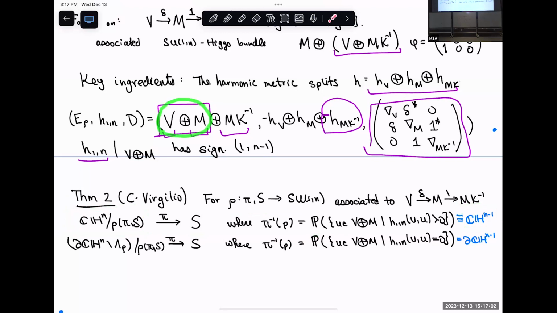It's the projectivization of the set of positive vectors inside this rank n subbundle, right? So the restriction of the metric here has signature 1n. So if I look at only the positive vectors in here, and I projectivize, that's a CHN minus 1.